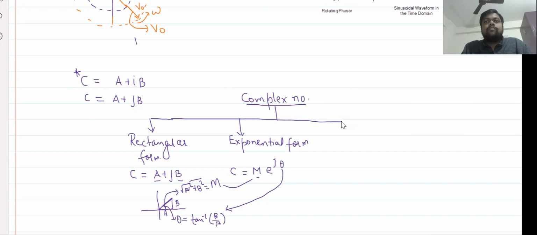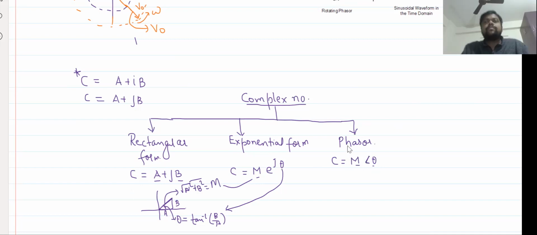And one more form is there, that is the phasor. In the phasor, instead of writing that big expression, we make it a little shorter: M angle theta. It is just a short format of the exponential format. How to convert from rectangular form to this format, we have already shown.